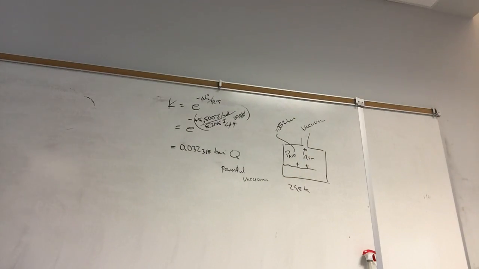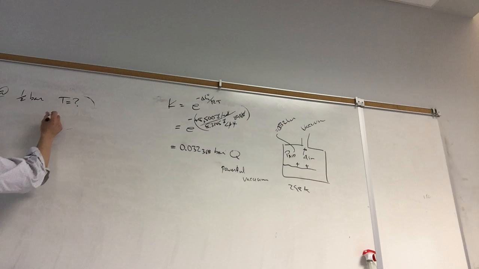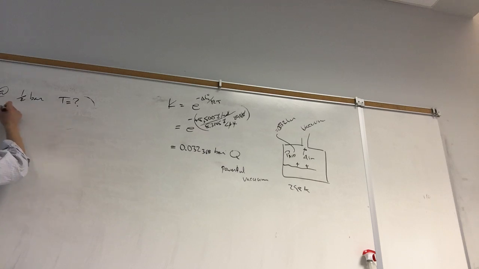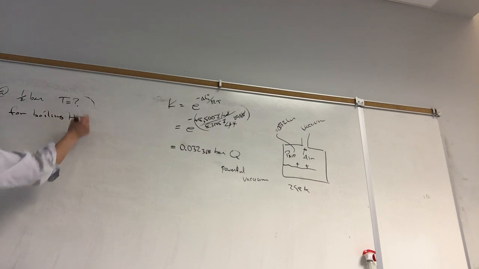Let's estimate our house vacuum at about half an atmosphere, or half a bar. So this is the next example question. At 1/2 bar, what is the temperature required for boiling water? We want to make this spontaneous.